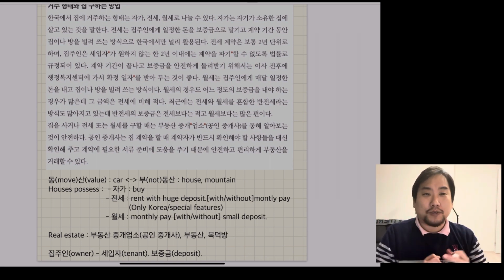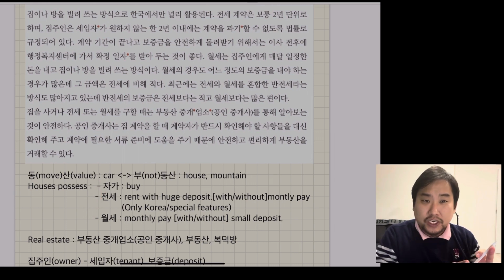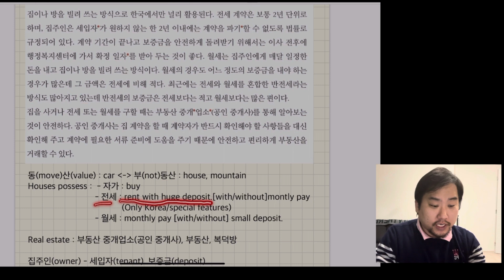It is a house. So the types of house possession: first, 자가, it's your house, you buy it. The second one is 전세, and the third one is 월세. And 전세 is a special feature only in Korea. 전세 is lending with a huge deposit, with or without monthly pay.